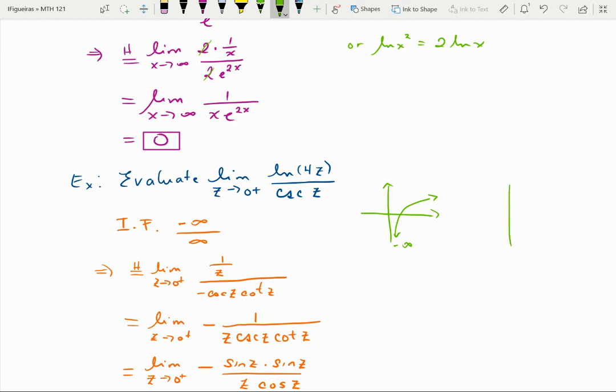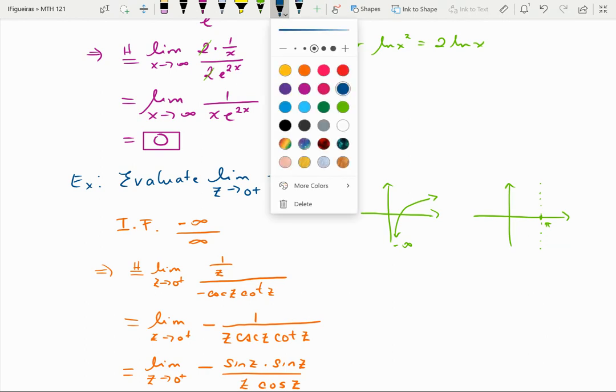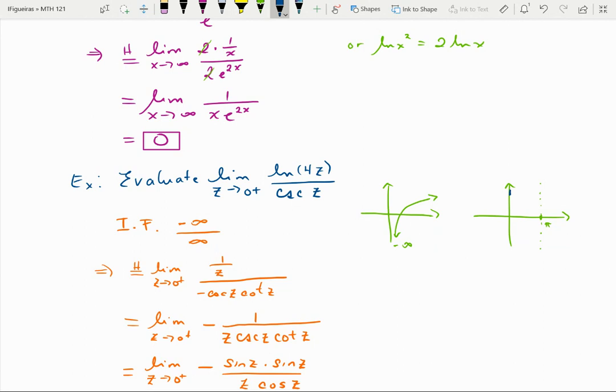And cosecant, remember, is 1 over sine. So sine is equal to 0 at pi and here at 0. Again, let me use a different color here. At 0, we have an asymptote here and here for cosecant. And at pi over 2, it has a value of 1.